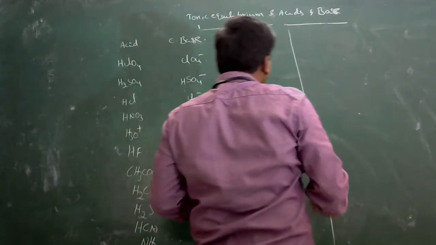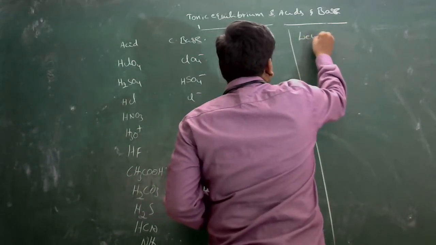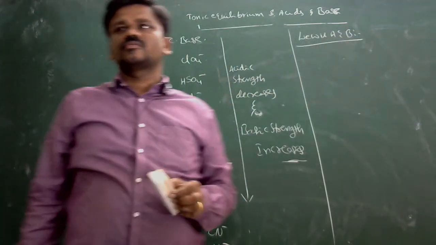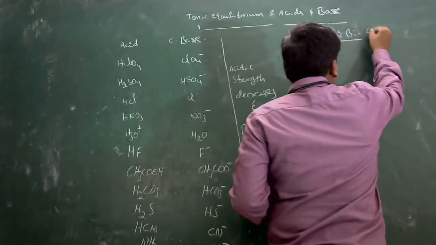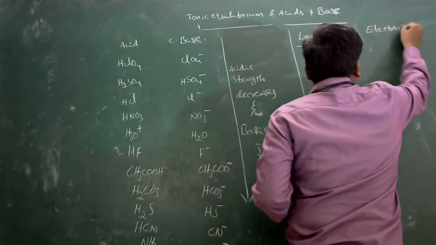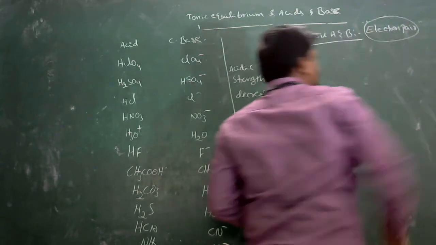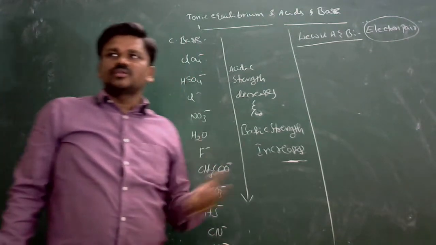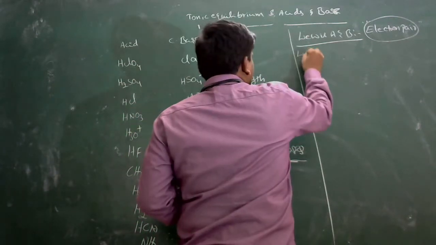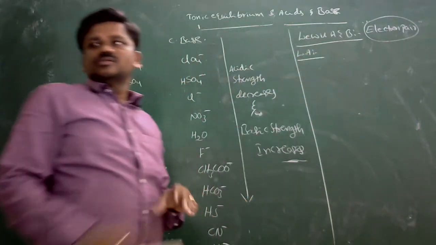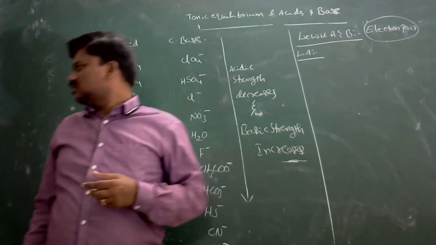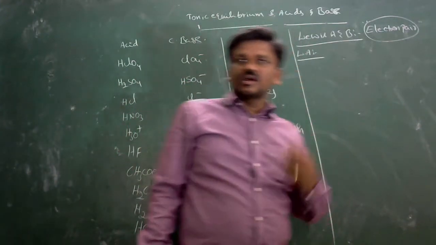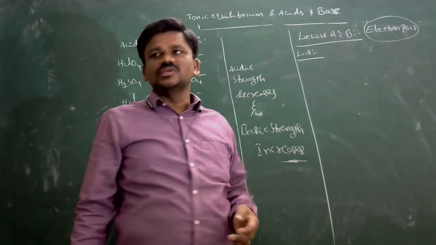Another one, Lewis acid base theory. It is also called the electron pair theory because it explains electron pairs. A Lewis acid is a substance which accepts an electron pair from another substance.